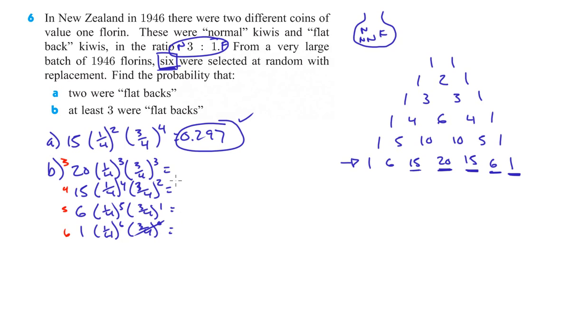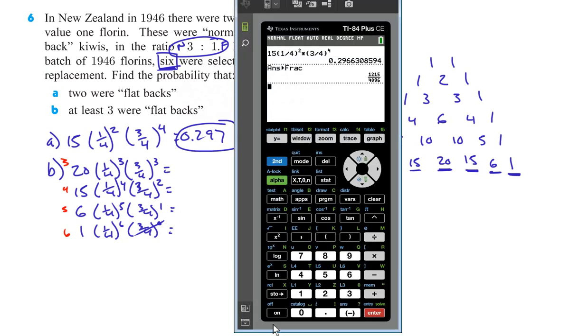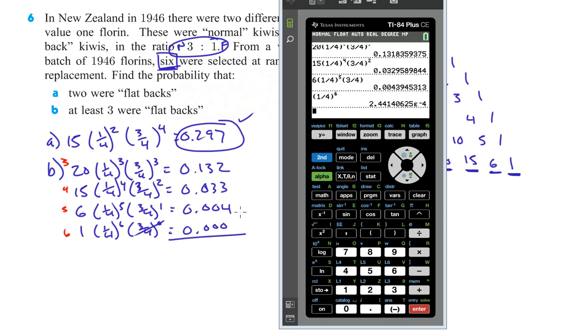Okay, and then we're going to want to calculate these all out. Here's all of our probabilities for each of those calculated out, and this one has such a small probability, it's less than 0.1%. It's like a 0.02% chance. So if we round to 3 decimal places, we just add these up and away we go.